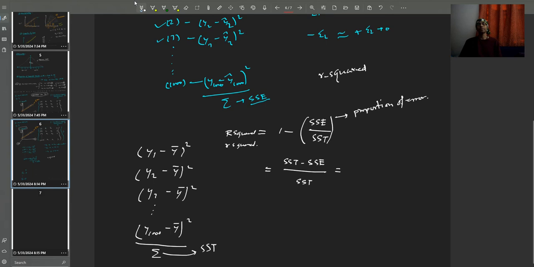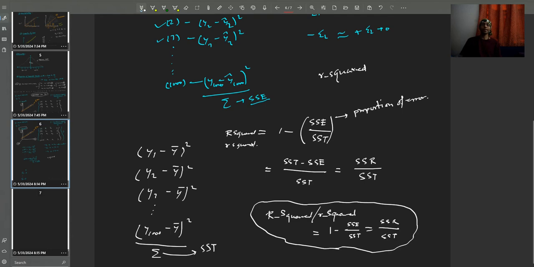This can be written as sum of squared regression by sum of squared total. So R squared is equal to 1 minus SSE by SST, or directly SSR by SST. SSR is nothing but SST minus SSE. Okay, so let me write the equation separately.